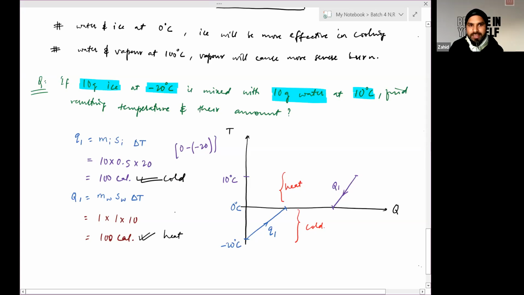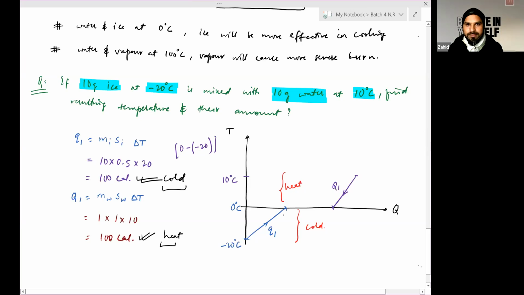If you combine these two terms, this heat energy and this cold energy will cancel out each other's effect. So there will be no excess heat or cold energy left in this system. So ice will remain ice at 0 degrees Celsius and water will remain water at 0 degrees Celsius.